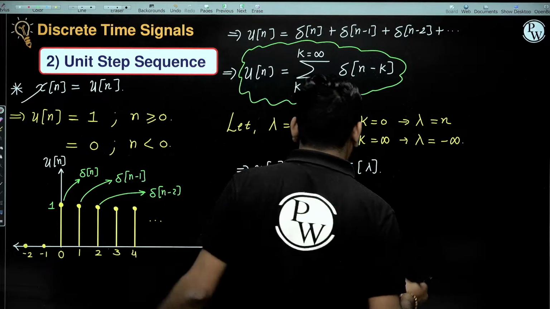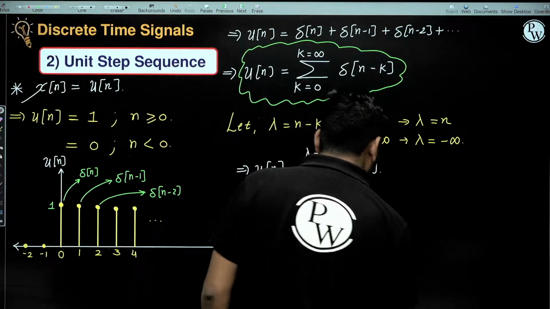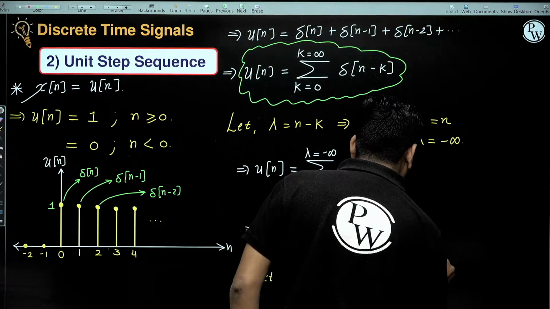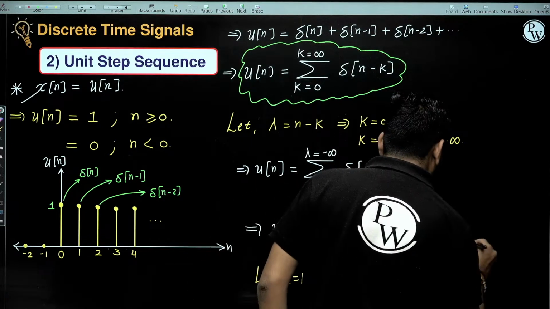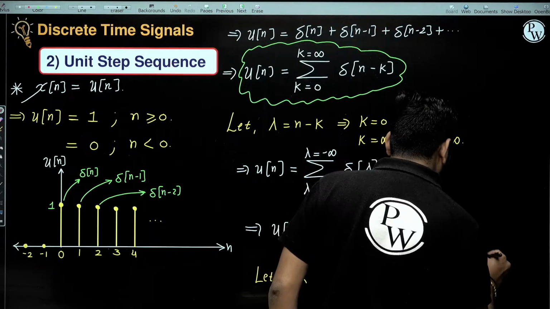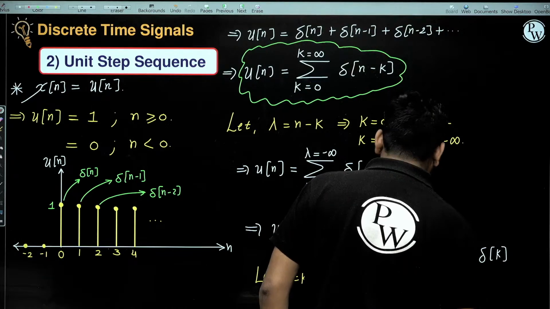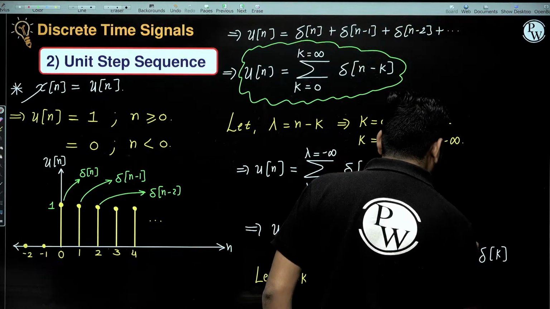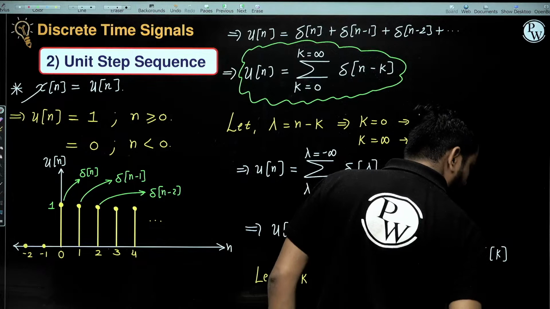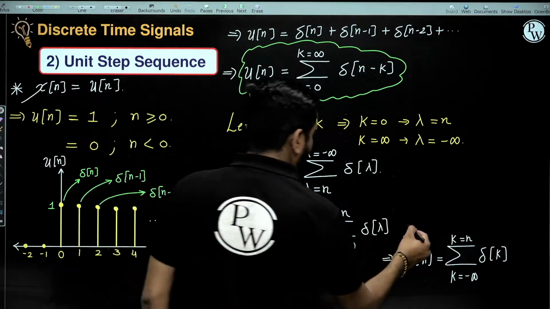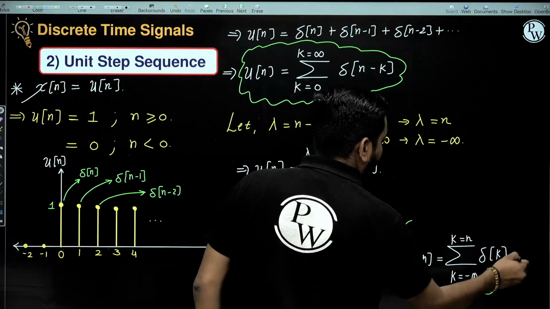So here we will get now q of n, which is equal to summation say k from k is equal to minus infinite to plus infinite. Clear? Fine. So this is the second format we derived.